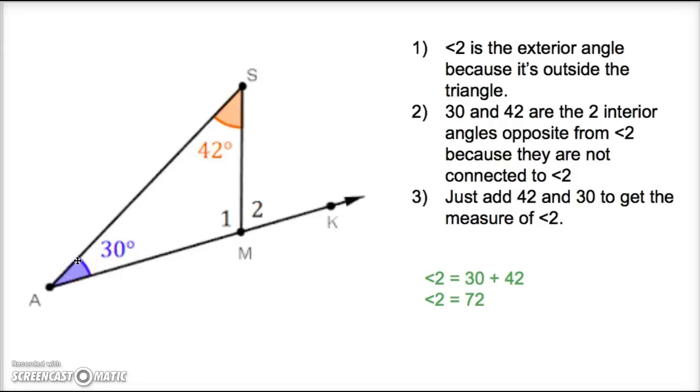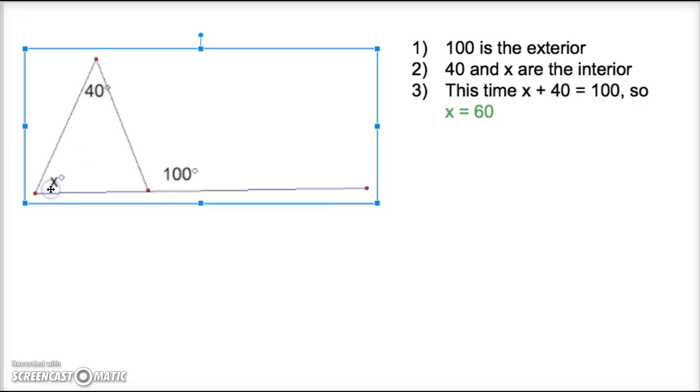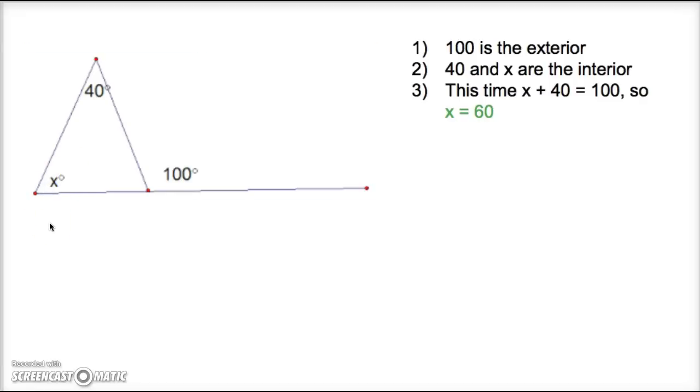Now, you may have another type of question, like this one. This time, they give you the exterior angle. 100 degrees is the exterior angle, and we're trying to figure out what x would be. And that's an interior angle. So it's going to be a little backwards from what we've been talking about so far. You still follow the same process.